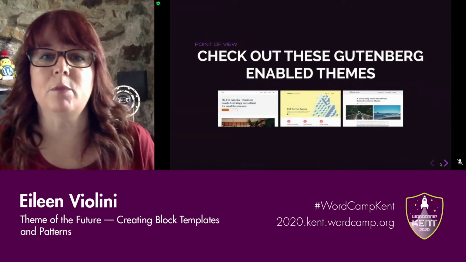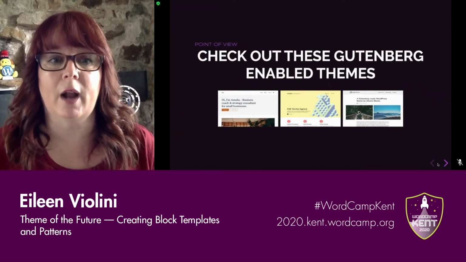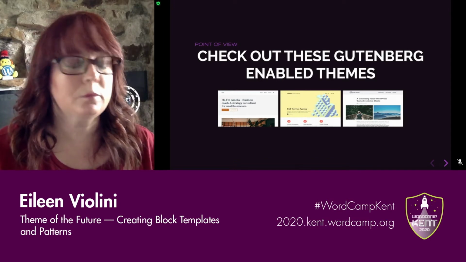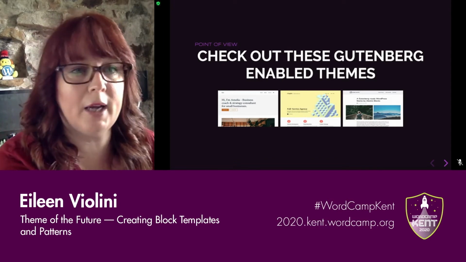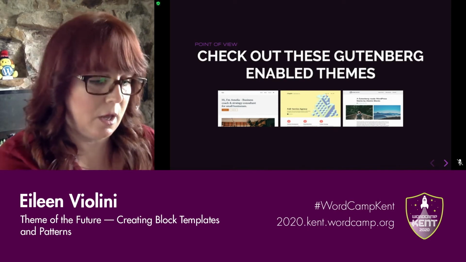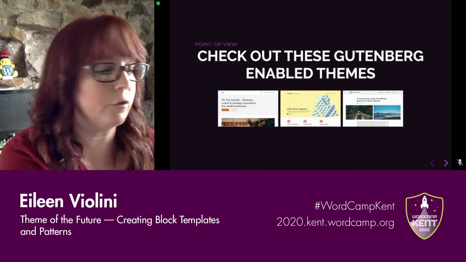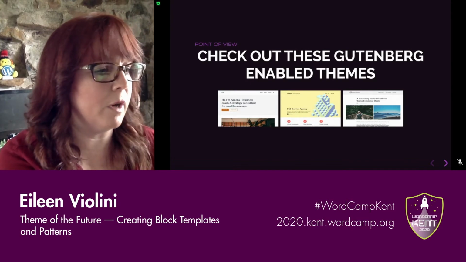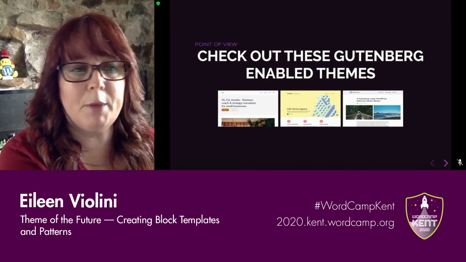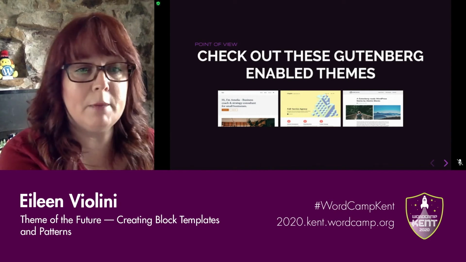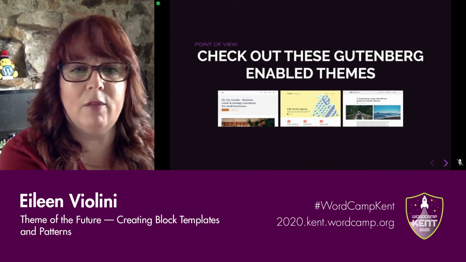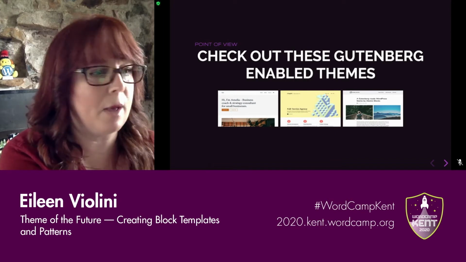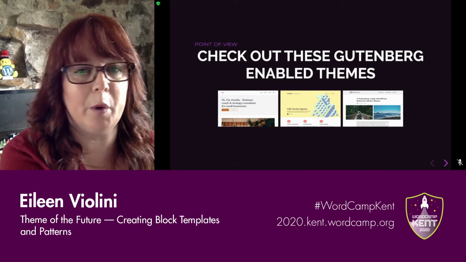A few themes on the repository that I like to refer to as Gutenberg-enabled themes: Go from GoDaddy, which is here on the left-hand side of the screen; Chaplin by Anders Noren, who's one of the people behind the 2020 theme. I learned so much from all of his themes, going in and looking at them and pulling them apart and learning how they work.